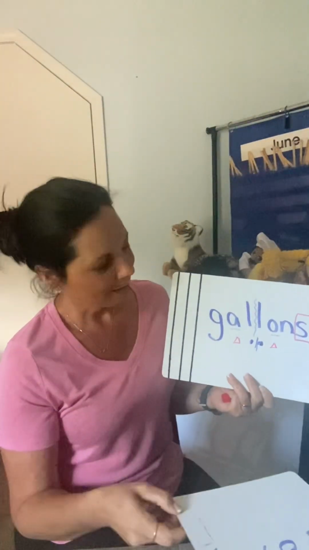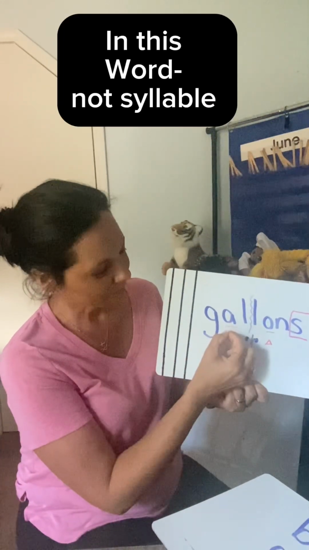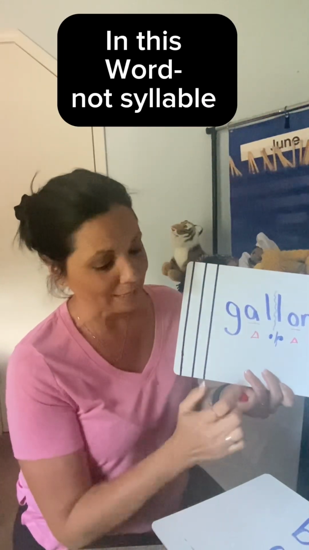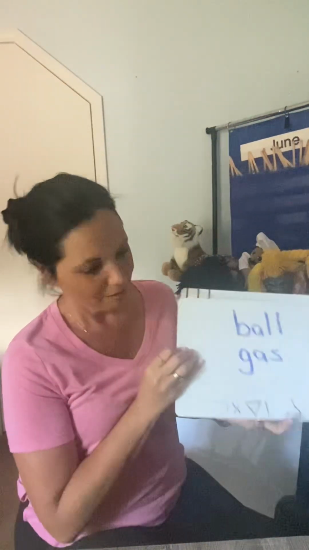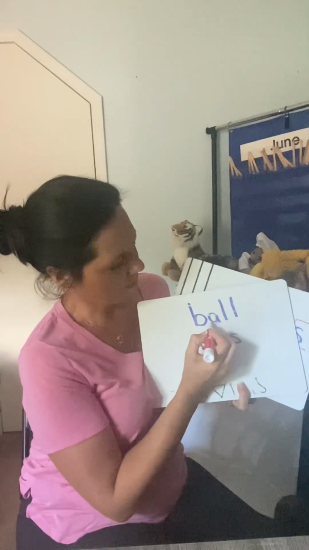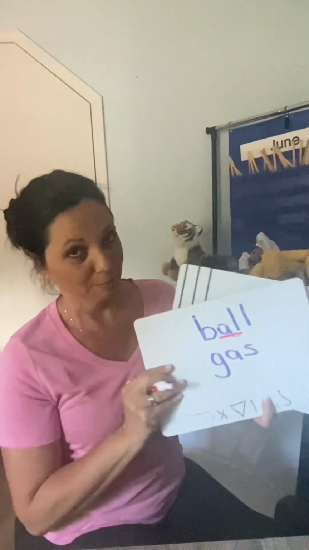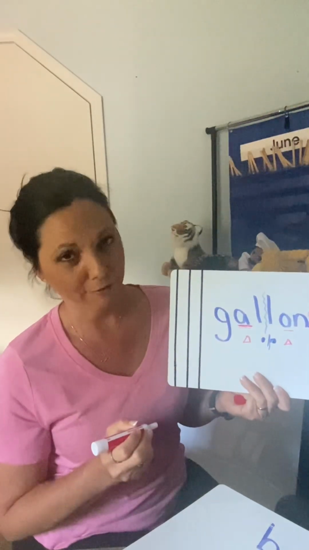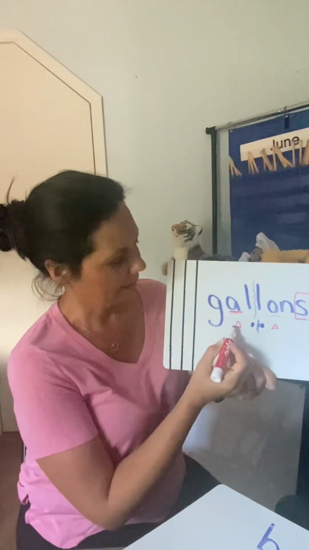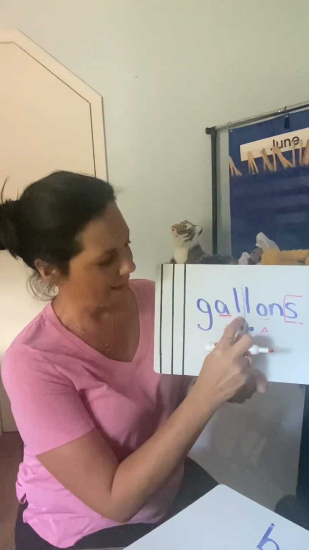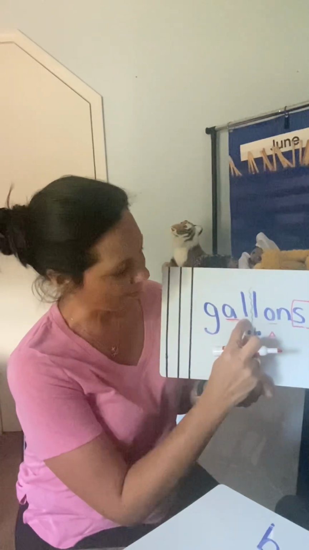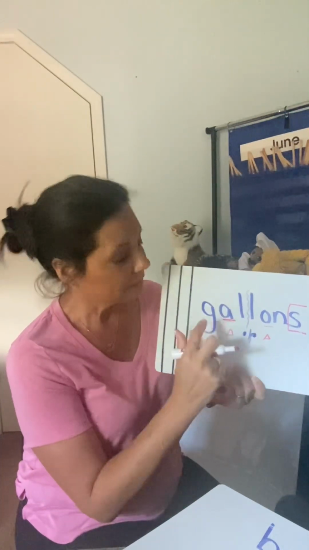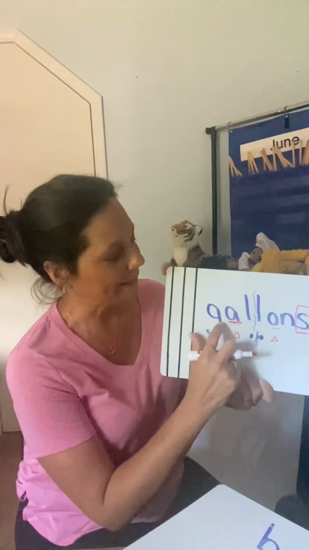Now, in this syllable, you would think you would want to say it's making the sound oh, like in this one, but it's not. It's only representing that first vowel sound, that short sound. G-uh, g-uh. Not gall, like ball, but g-uh.